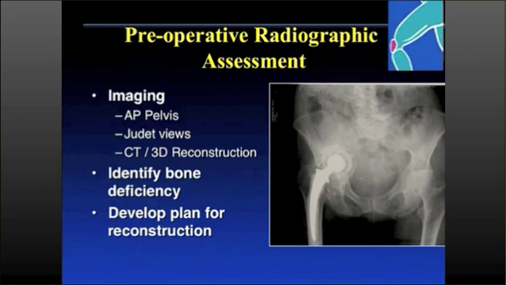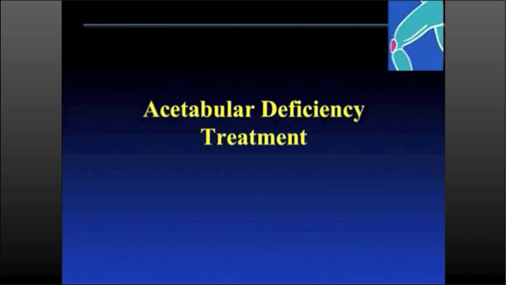If we're concerned about the posterior and anterior columns, you can get Judet views. In our practice, we will get CT scans with 3D reconstruction to assess severe defects to possibly prepare for a custom component. This allows us to identify the bone deficiency and to develop a plan for reconstruction.